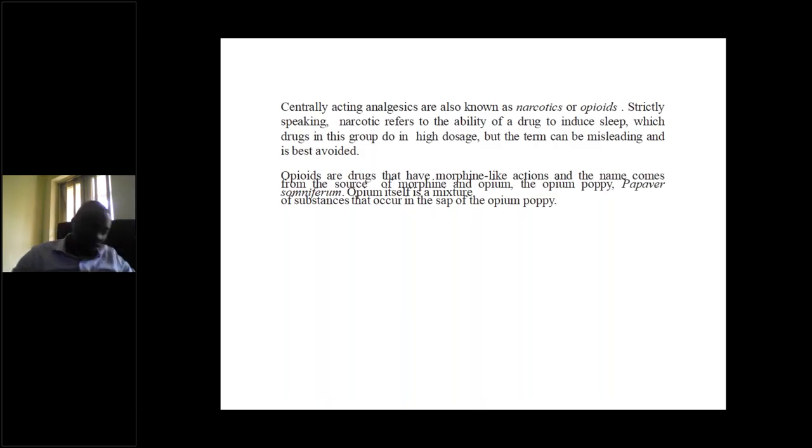They act centrally and are actually for pain, but they can become addictive. Things like morphine, opium, Papaver somniferum, all those act centrally to stop pain, but they can become addictive. Strictly speaking, narcotics refer to the ability of a drug to induce sleep.